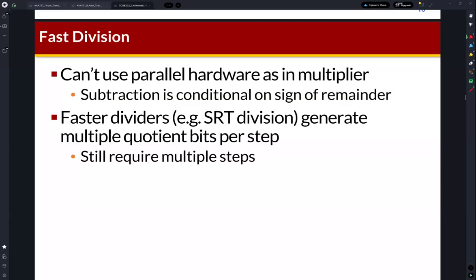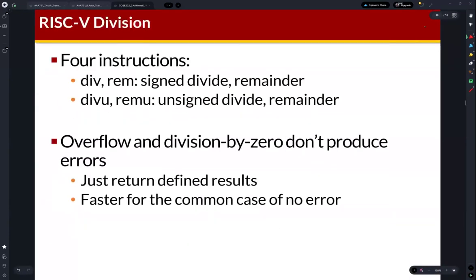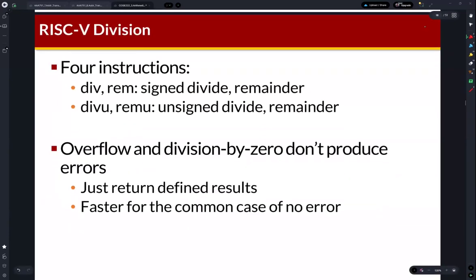We can use the SRT division. It's out of scope of this course, but if you are interested, you can search for the SRT division. RISC-V supports division instructions like div and rem.